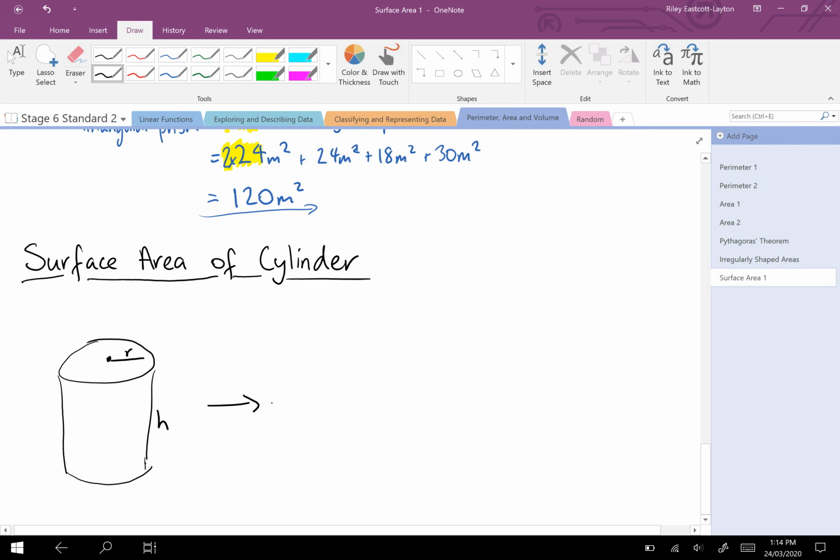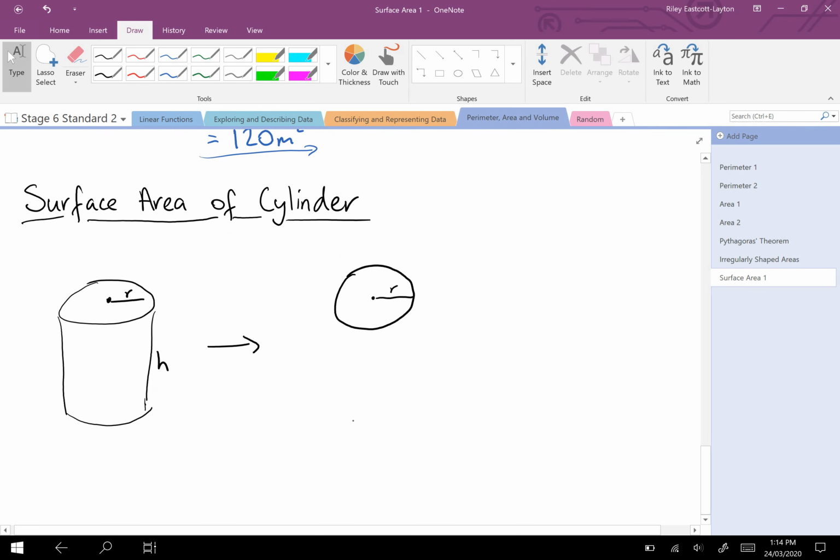So what we need to think about is when we unpack our cylinder, we're going to have a circle on the top. That's pretty self-explanatory. We're going to have a circle on the bottom.